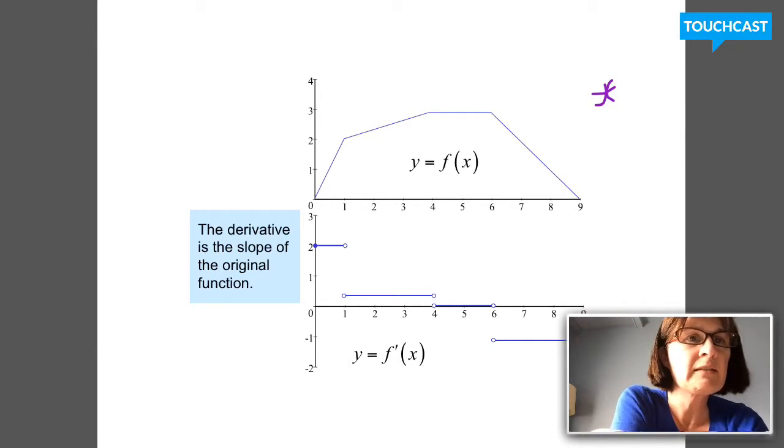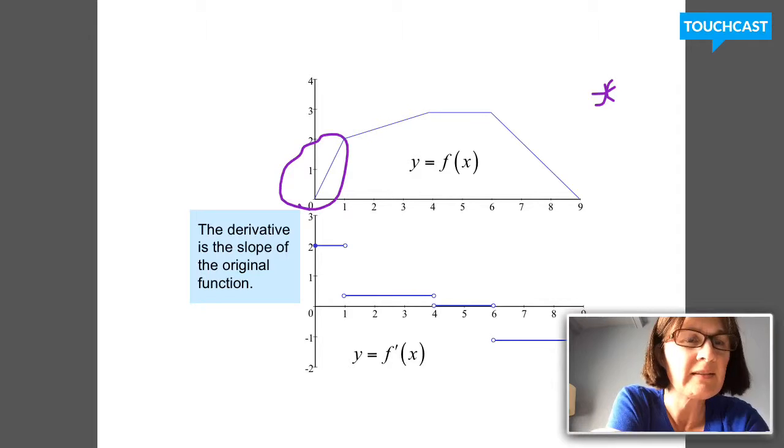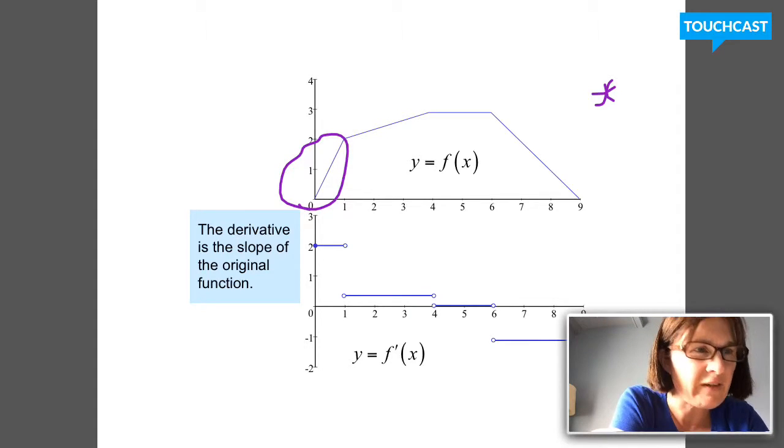So consider the first piece. The first thing that f of x does is it increases. And can I figure out the slope of that line? Well, I'm going to do change in y over change in x. So this is like 1, 2 and 0, 0. So 2 minus 0 over 1 minus 0.